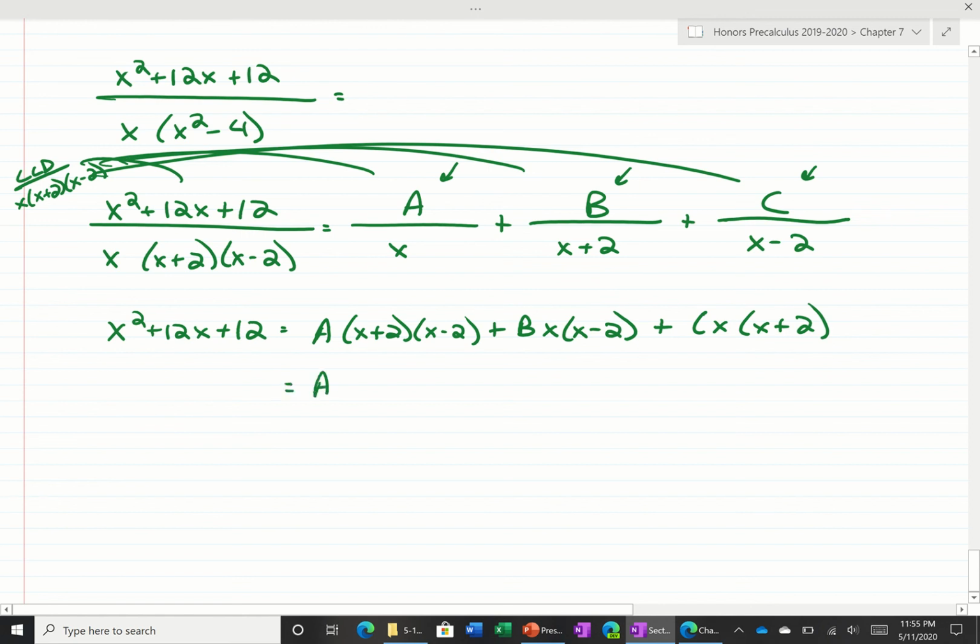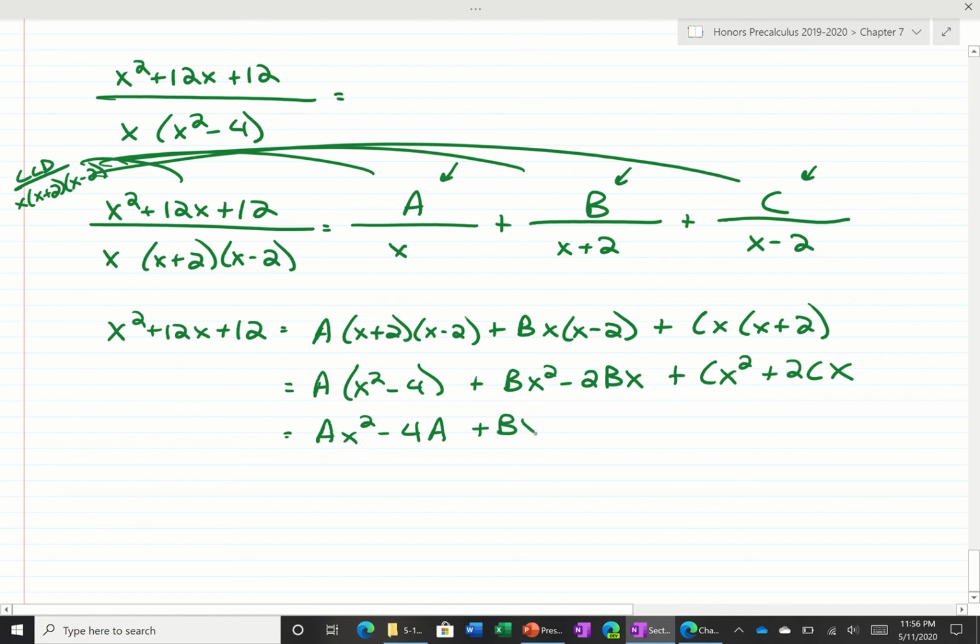So this would be A times x squared minus 4 plus Bx squared minus 2Bx plus Cx squared plus 2Cx, or Ax squared minus 4A plus Bx squared minus 2Bx plus Cx squared plus 2Cx.